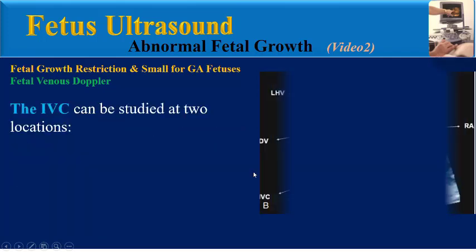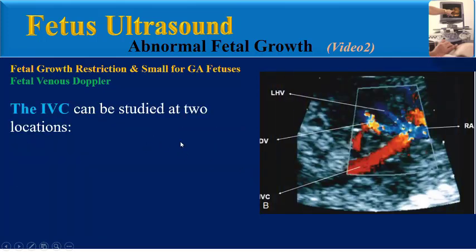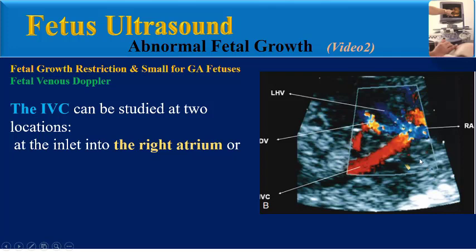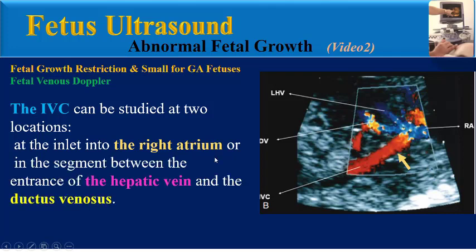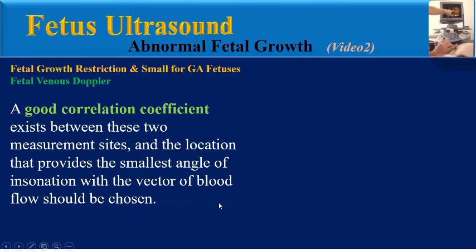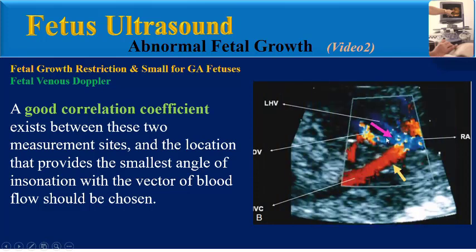The IVC can be studied at two locations: at the inlet into the right atrium or in the segment between the entrance of the hepatic vein and the ductus venosus. A good correlation coefficient exists between these two measurement sites, and the location that provides the smallest angle of inclination with the vector of blood flow should be chosen.